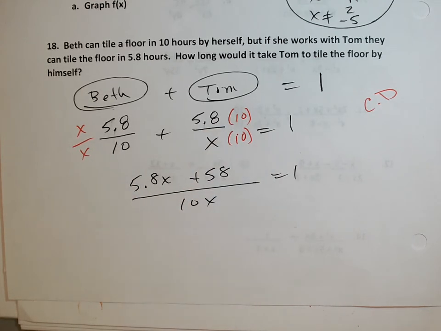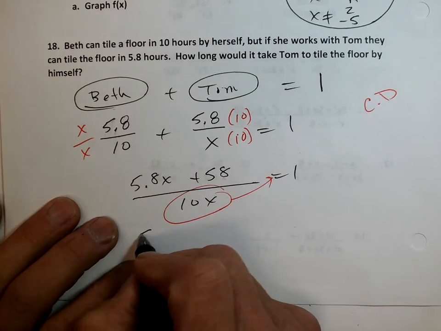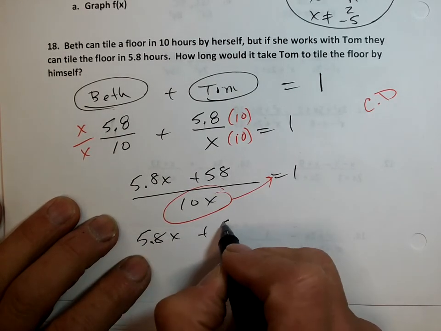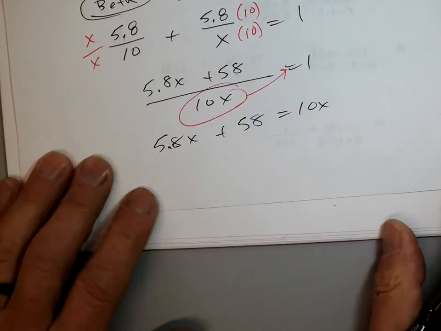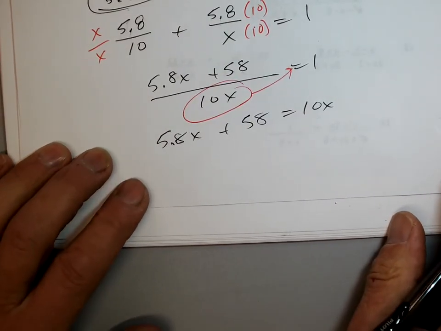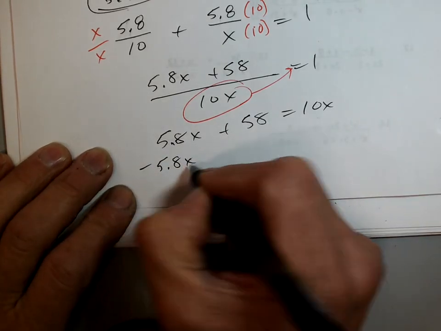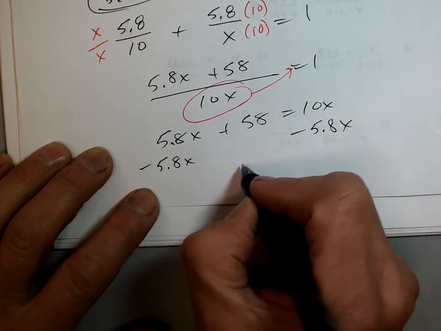Okay, now to solve, we're just going to cross multiply. So let's cross multiply. Bring that up there, multiply that. I'll have 5.8x plus 58 equals 10x. Right, just cross multiply. Sorry, it's so sloppy. To solve, I'm going to subtract 5.8x from both sides.